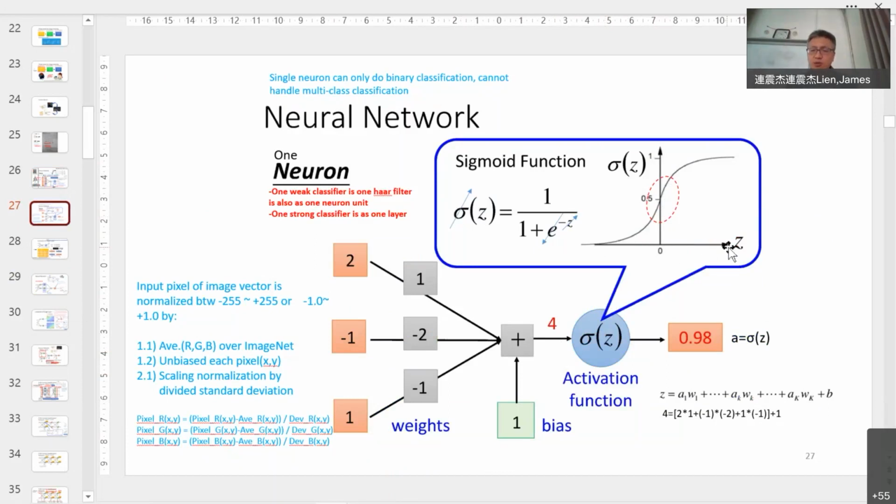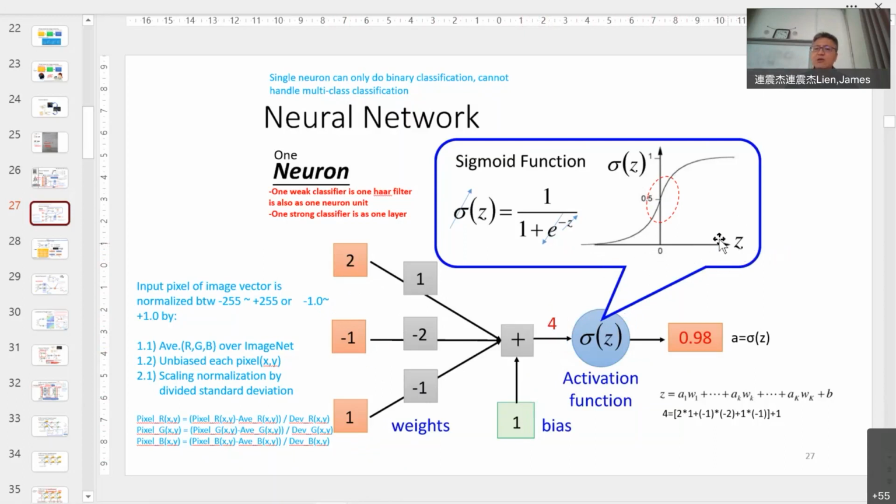This is the original input X. After the weight and the bias, you have output Z. So output Z is here. In this example, it's 4. Output Z is on this axis.